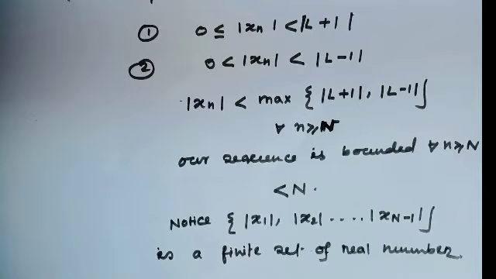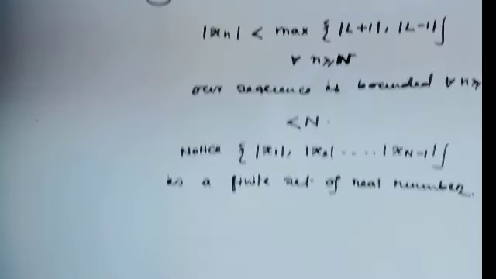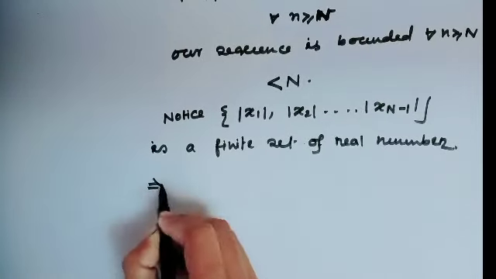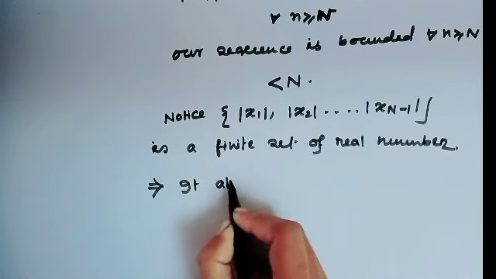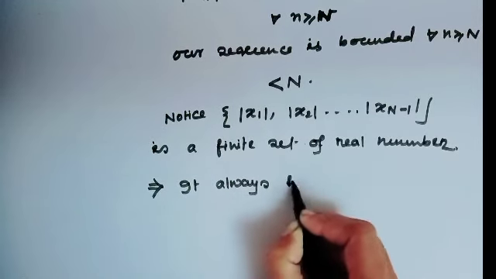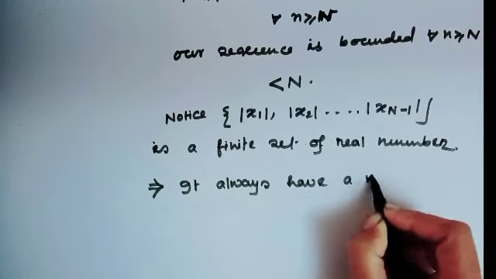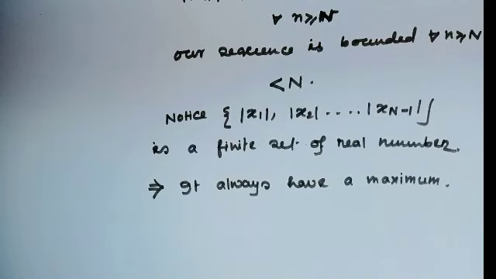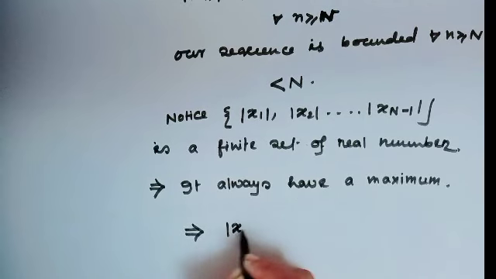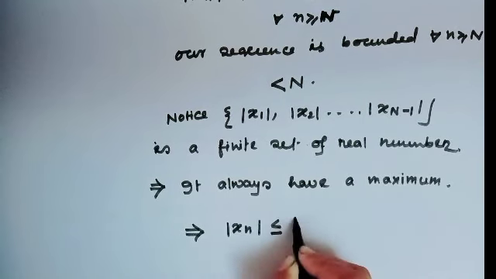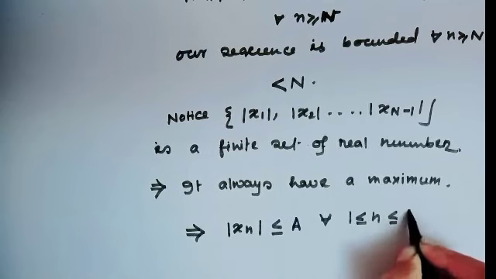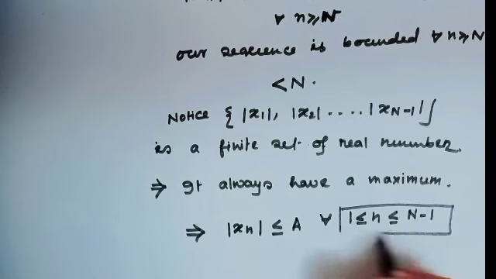Are you getting my point? Well, that means it always has a maximum. Then we put this value, modulus of xn less than or equal to capital A for all 1 less than or equal to n less than or equal to capital N minus 1.